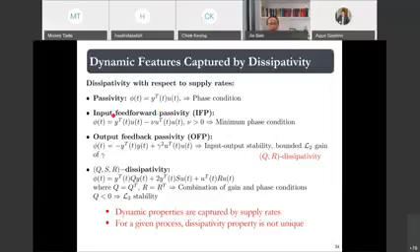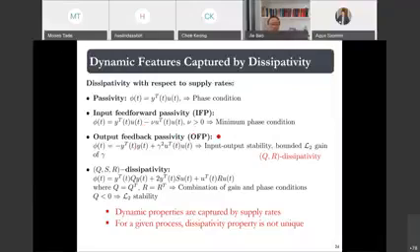We can have all sorts of different supply rates. For example, the input feed-forward passivity. So the supply rate is, as I said, a function of input and output. But in this case, we have a particular type of input-output condition or supply rate.